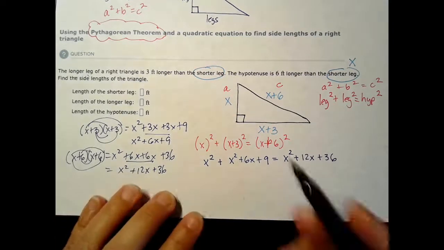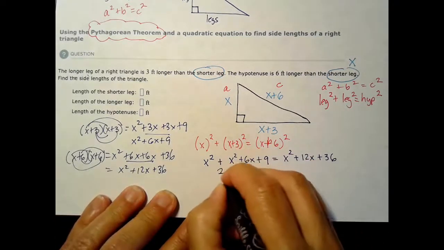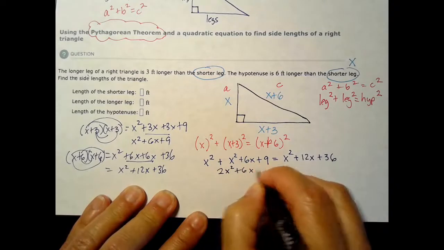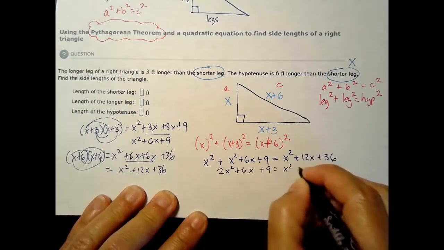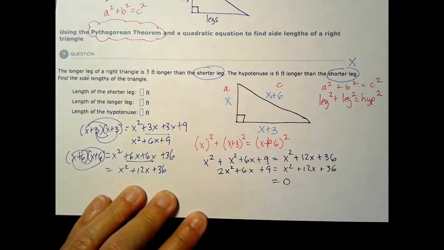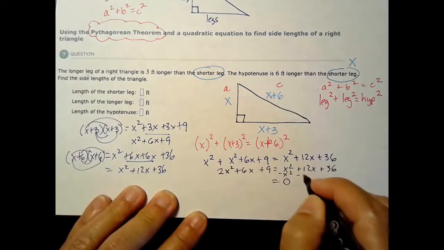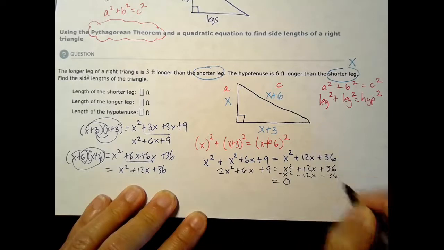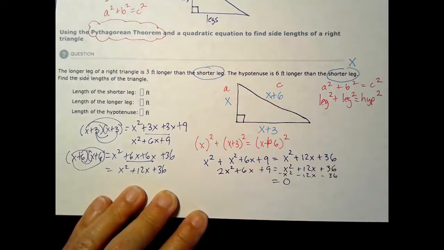So we know that x squared plus x squared is 2x squared. And we know we have to get a 0 right here. So we're going to have to subtract x squared, subtract 12x, and subtract 36 to make it 0.